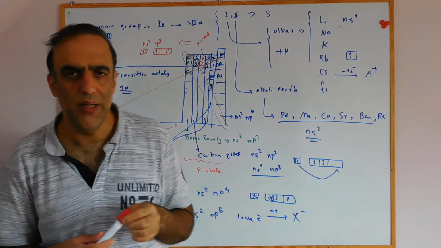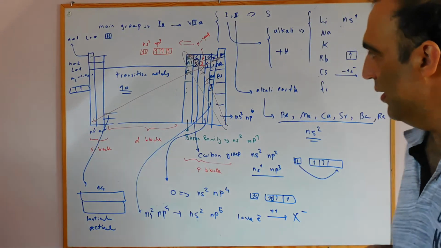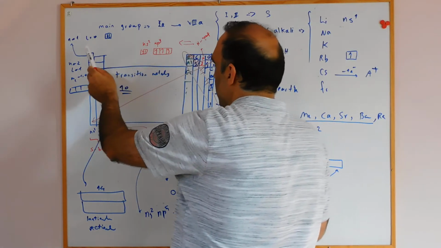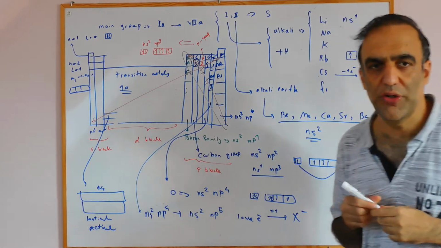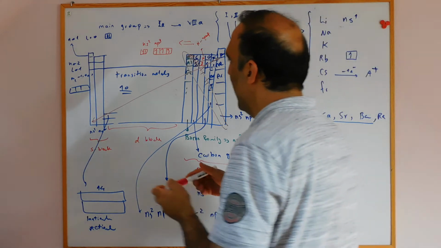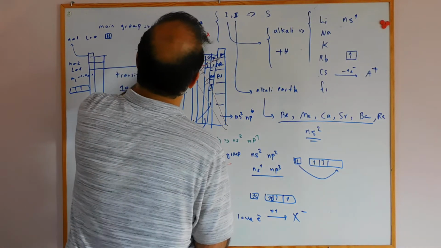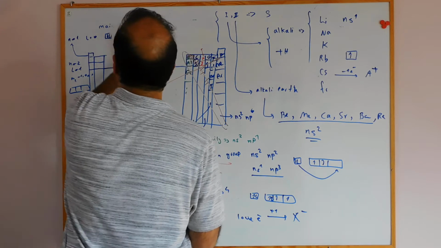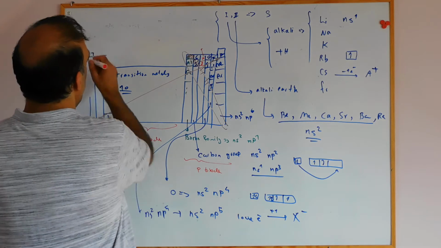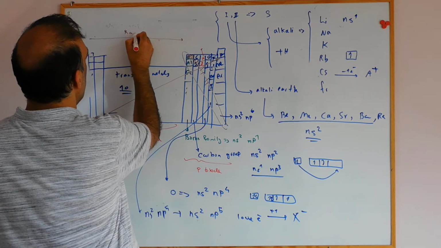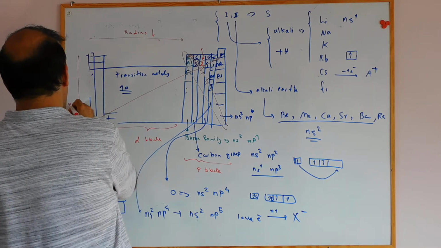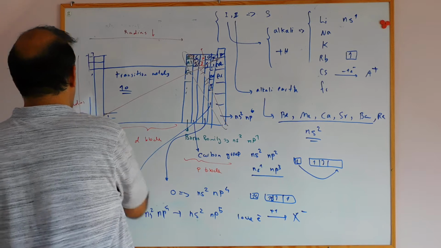Now we go to the property of atomic radius. From left to right, radius decreases. Then I can easily say, if we go from left to right, radius decreases. From up to down, radius increases.